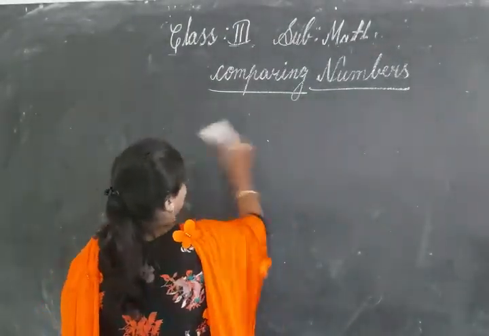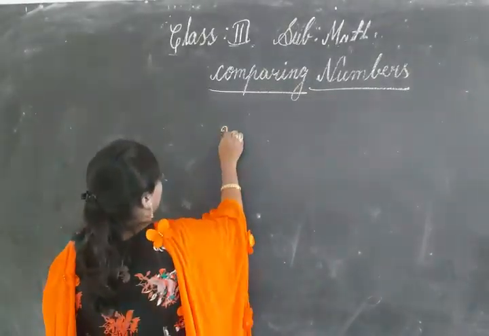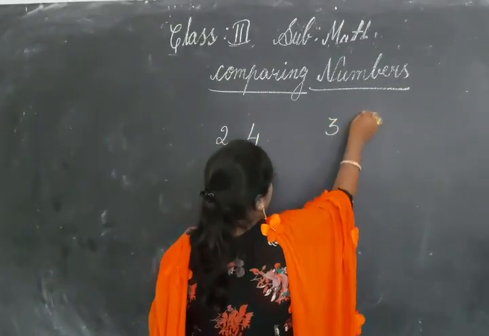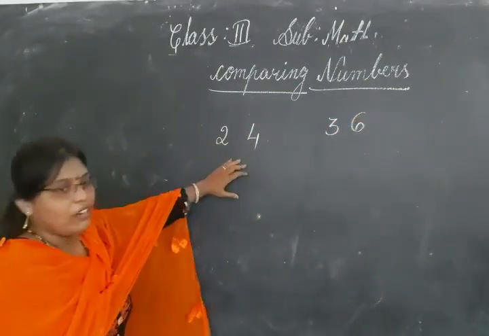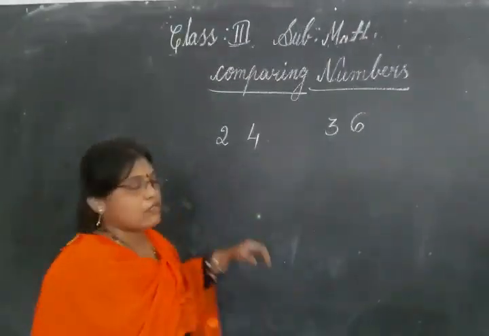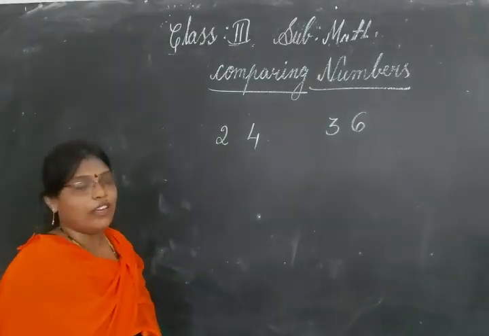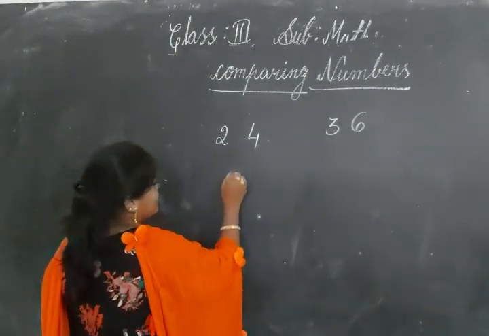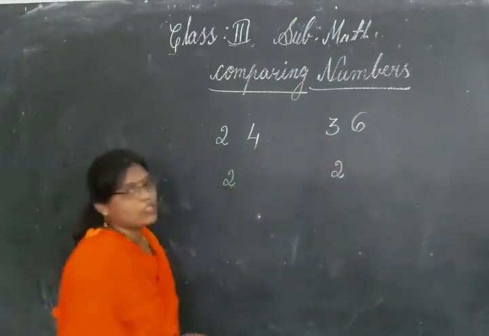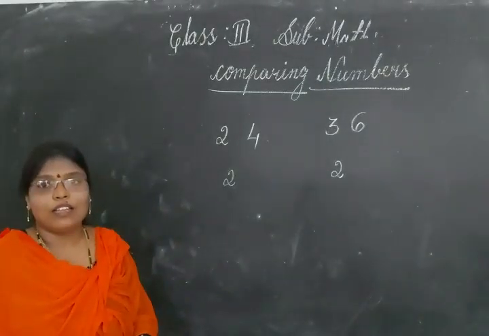Let's see these numbers. See children, here we have two numbers and both have two digits. This is a two-digit number and this is also a two-digit number. Then how will we compare?